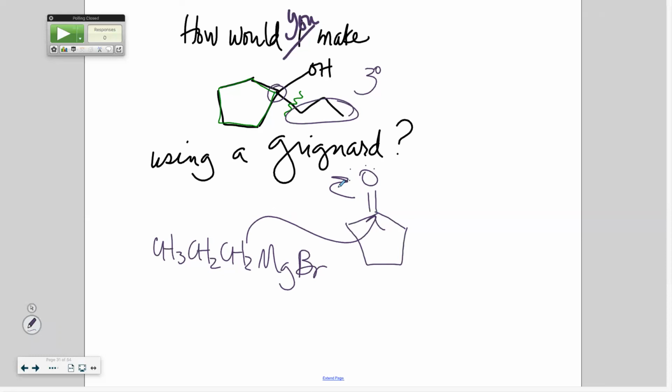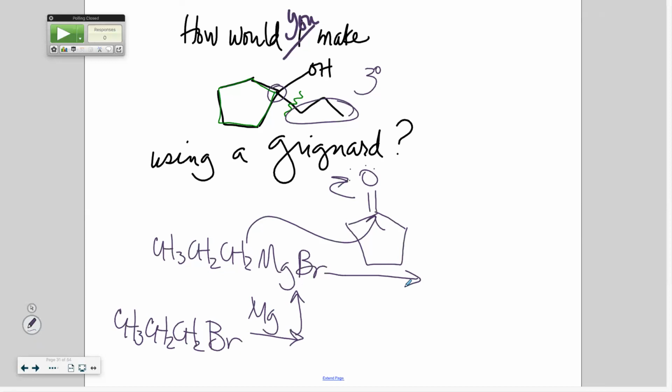Okay, so if you were going to write the whole thing out, you don't start with the Grignard. You start with what? An alkyl halide. And then what do you add? Magnesium. And that gives you that. Then what do you add?